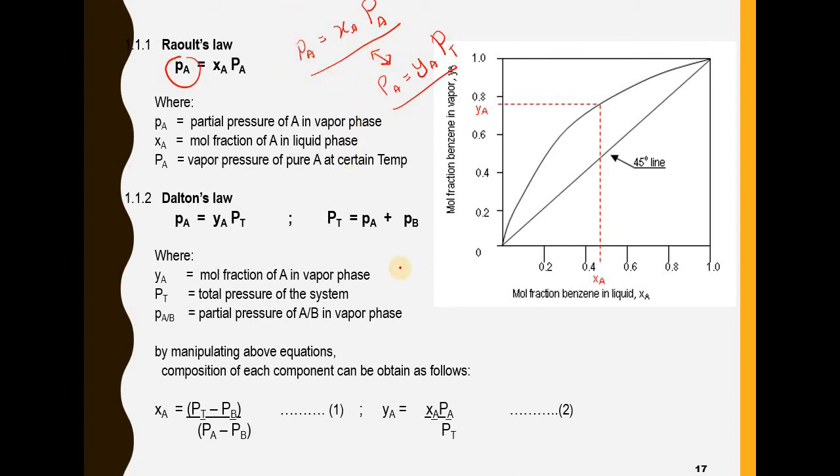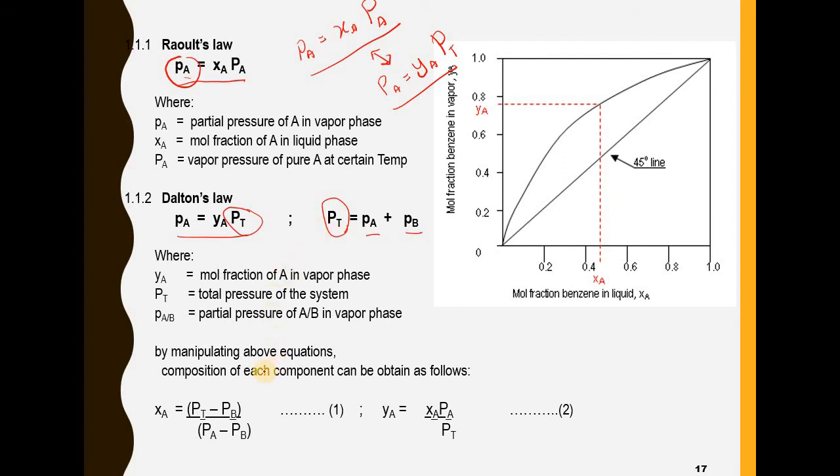If we manipulate both equations, Raoult's law and Dalton's law, another thing is the total pressure of the system is equal to the partial pressure of A plus the partial pressure of B. You sum them and you get the total pressure.